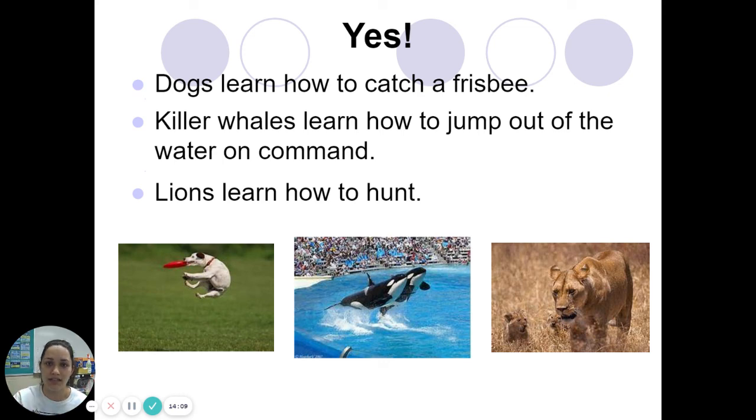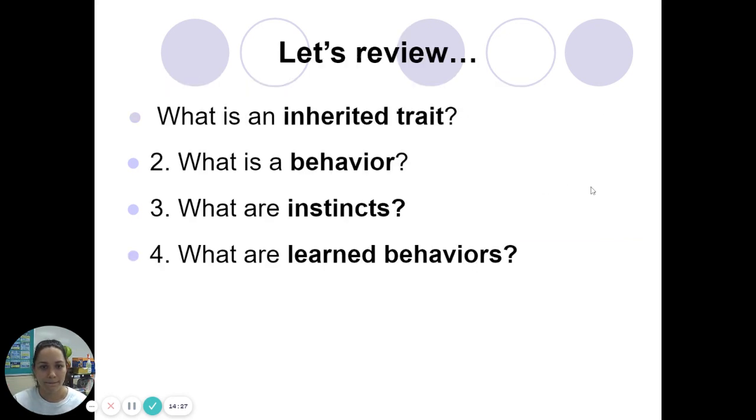It is not something they're born with. They learn to hunt. The mother lion teaches the cubs, hey, this is how you hunt. Yes, it's an instinct that they want to eat something, but in order for them to be good hunters, they have to learn by watching their mom.